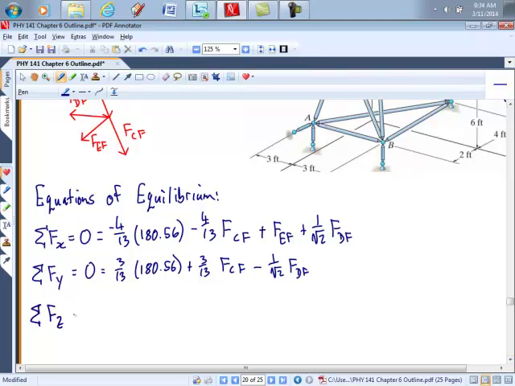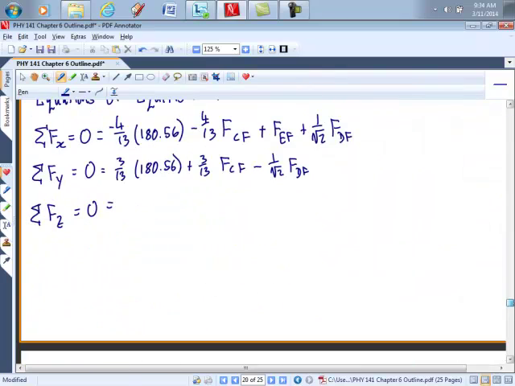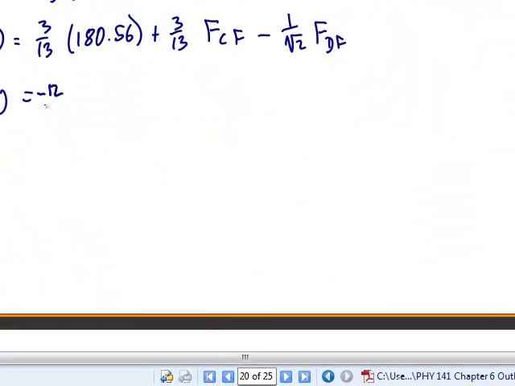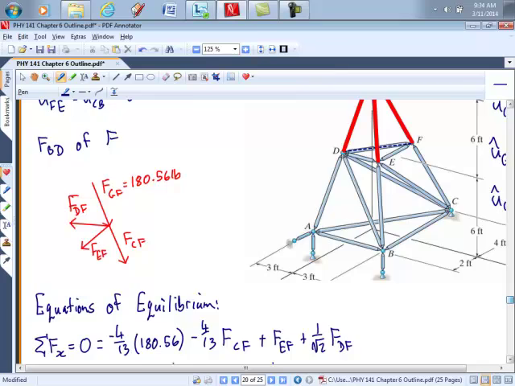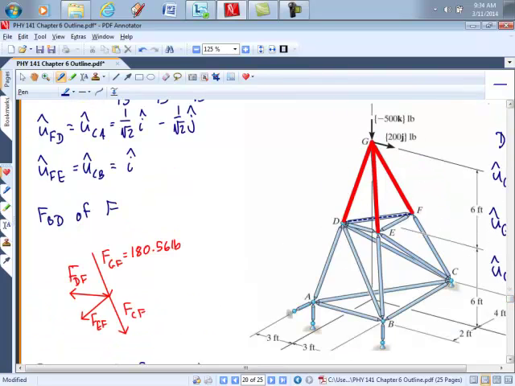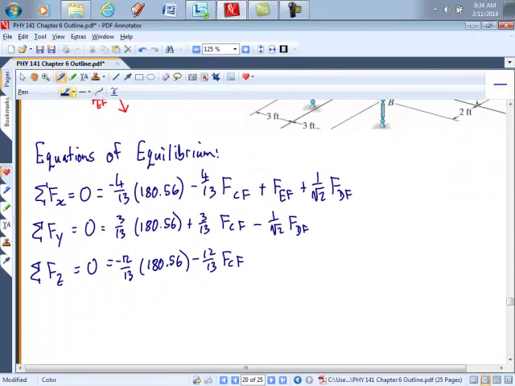Net Fz equals 0 equals negative 12 over 13 180.56 minus 12 over 13 FCF. And what's my z component of the other 2? 0. So this one I can solve.